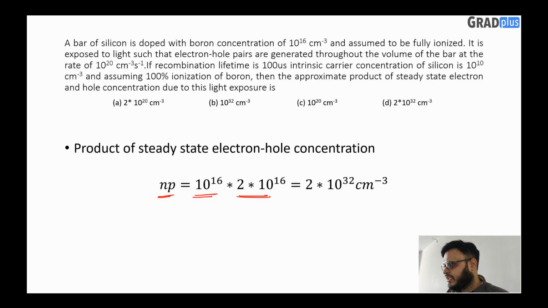Finally the value becomes 2 into 10 power 32 per centimeter cube. This is the count of holes and electrons in a volume having dimensions 1 centimeter by 1 centimeter by 1 centimeter. As we can check from the options, option D is the correct solution.